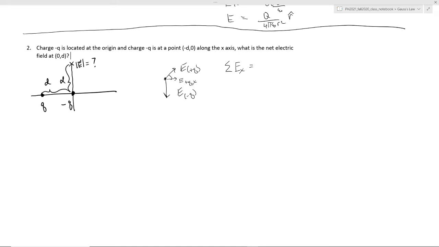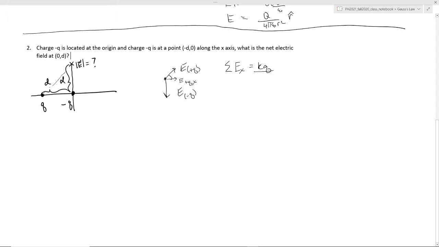Well, we know the electric field for a point charge is going to look like KQ over R squared. R squared in this case is going to be the hypotenuse of this triangle. Since it's equal lengths on the side of the triangle, we know that this is going to give us a factor of root 2.